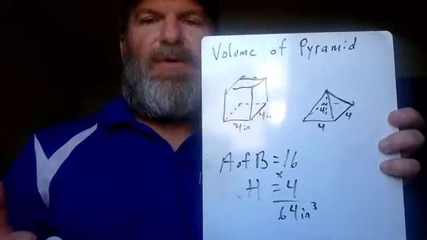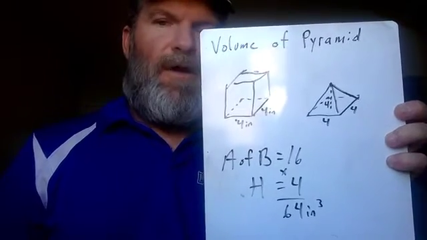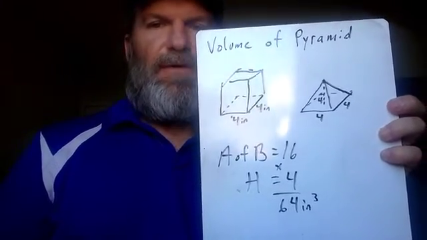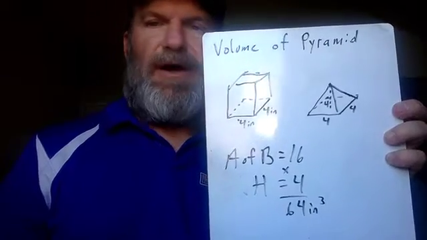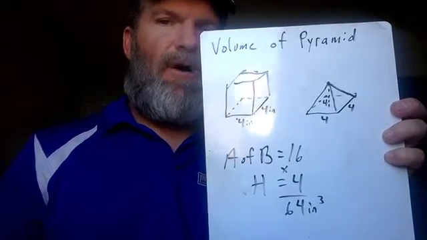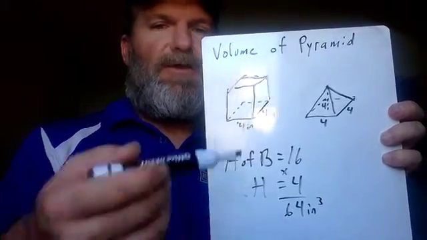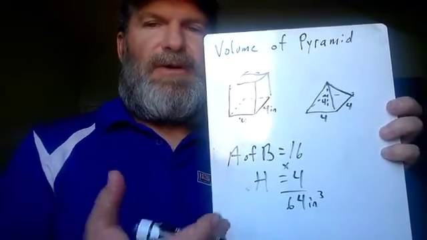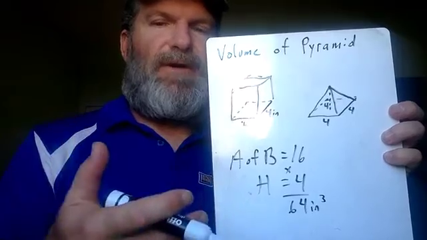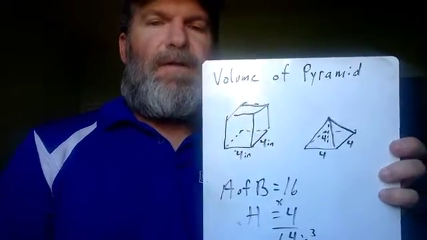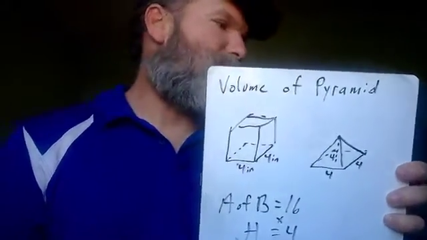So those have the same dimensions, 4 by 4 by 4, but hopefully it's easy to see that the pyramid is going to be smaller than the box. You're not going to be able to fit as much sand or water or whatever material you have inside this pyramid as you would inside the box. So this is going to be a fraction. The volume of the pyramid is going to be a fraction of the volume of the box. But what is that fraction?